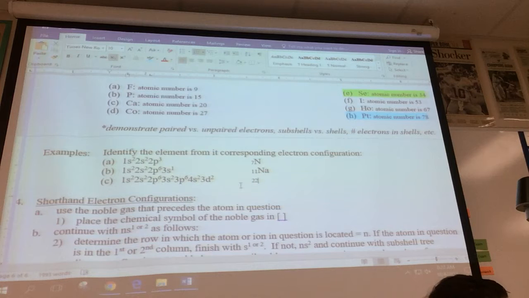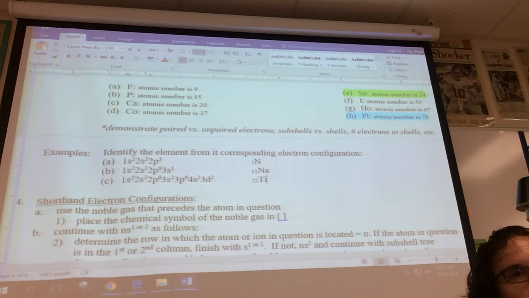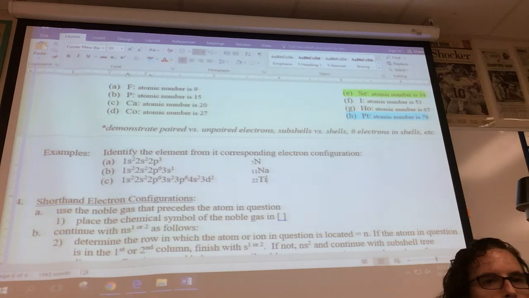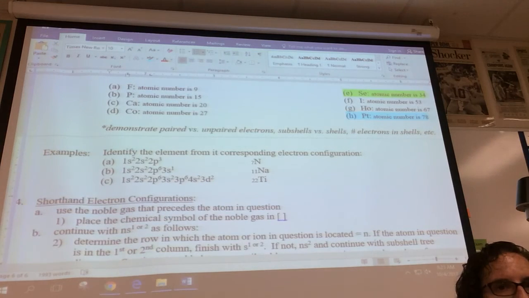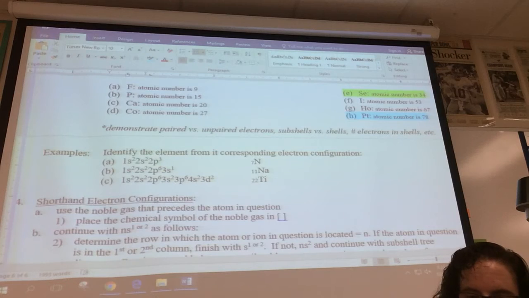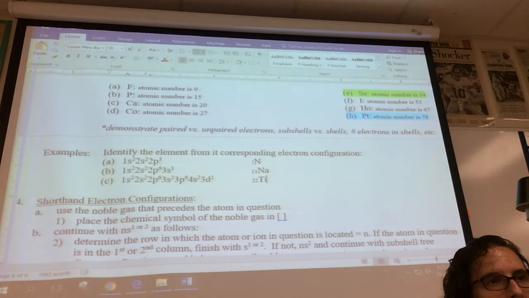And that would correspond with titanium. So you could figure out your element from an electron config as well. Questions here?